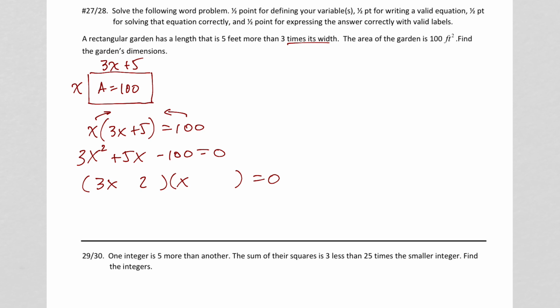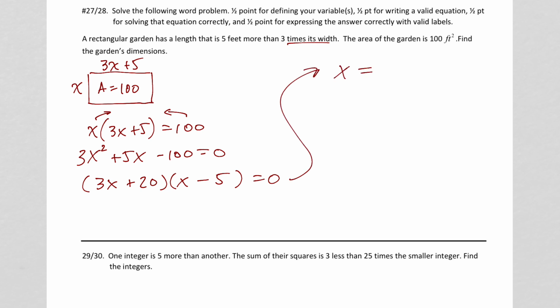Yeah, let's do 20 here and 5 here. If I do plus 20 and minus 5, what that does is I have 3x squared as my first. The outer is negative 15x. The inner is positive 20x. Negative 15 plus 20 is positive 5. And then negative 5 times positive 20 is that. So let's bring this up here.